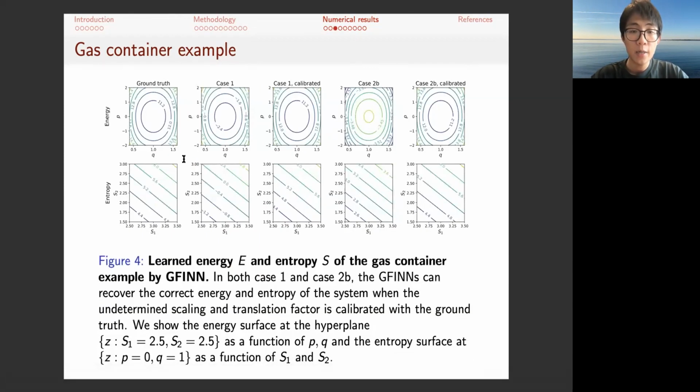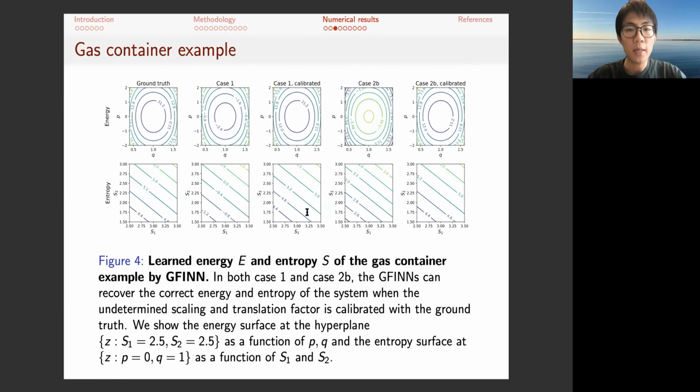And here we plot the learned energy and entropy of the gas container example by the GFINN. At the top left, this is the ground truth value of the energy contour at the hyperplane S1 equals 2.5 and S2 equals 2.5, and this is the contour for the entropy at P equals 0 and Q equals 1.